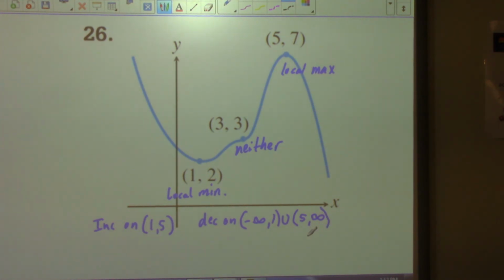And I don't know if you did this when you were writing your answers down, but you can kind of check to see if the function is increasing, decreasing. You ought to be able to fit this piece in between these two, right? So what do you have to be able to fit this in nicely? These numbers to be the same, right? So just something to watch out for.